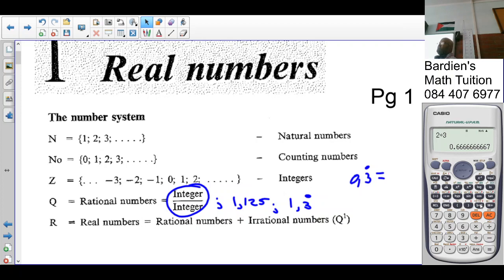Do you guys understand? So what do you notice? That every recurring number can also be written as what? As a fraction. Can you see that? That is why we say every terminating decimal and every recurring number and every fraction with an integer over an integer is known as a rational number.